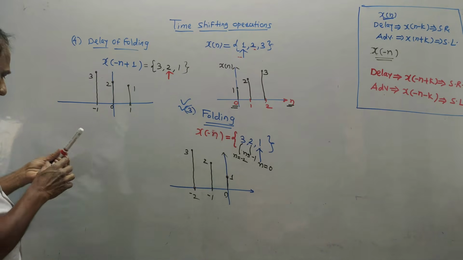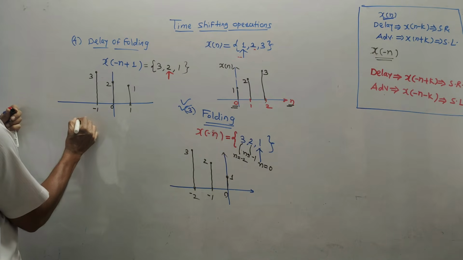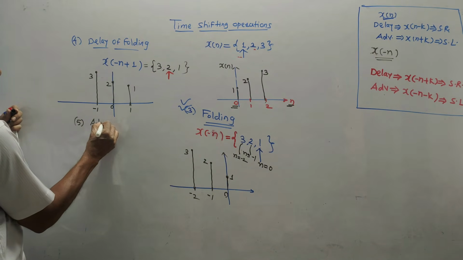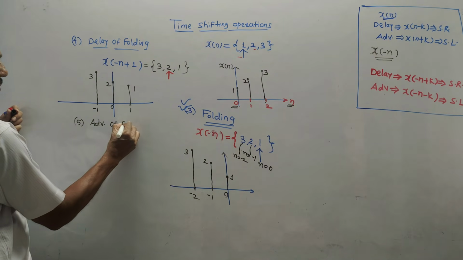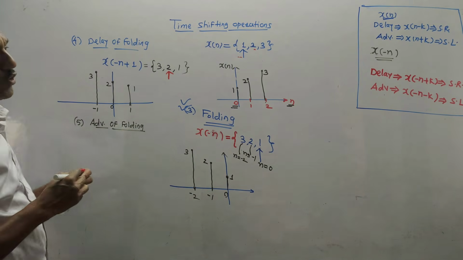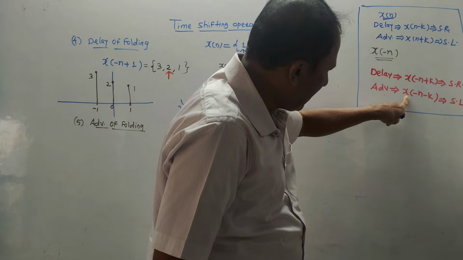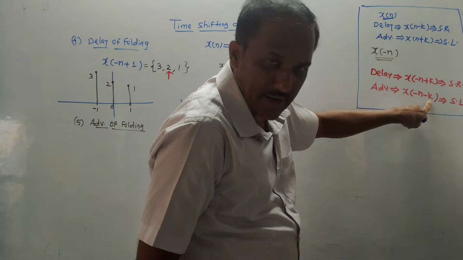Now the last operation related to these time shifting operations is advance of folding operation. Same way, first I need to write the notation. Look at the notation which I have summarized. Advance is denoted by x of minus n minus k.